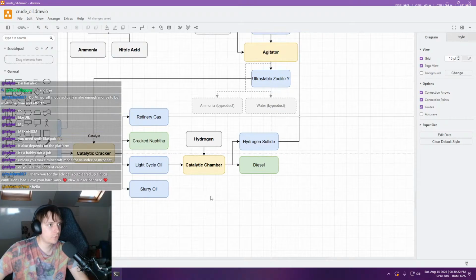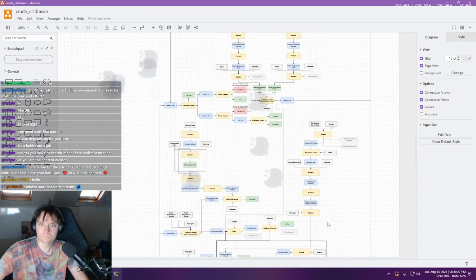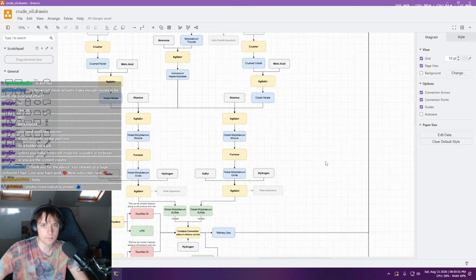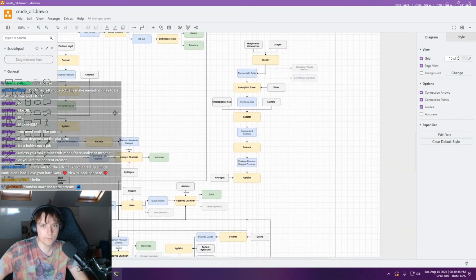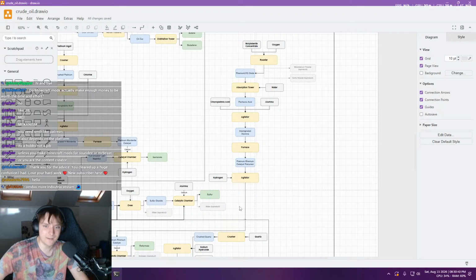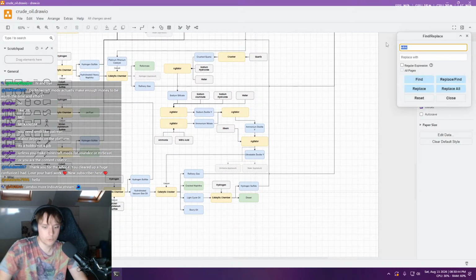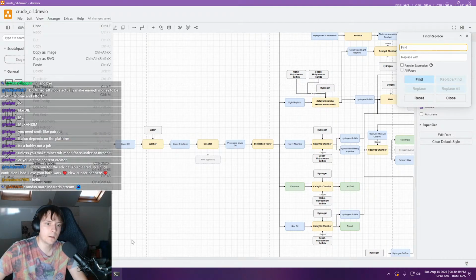I'm just trying to understand how everything works here, but basically we need a separator. We just do distillation? It's not really distillation though. Do we have a separator? Let me open the other ones real quick.